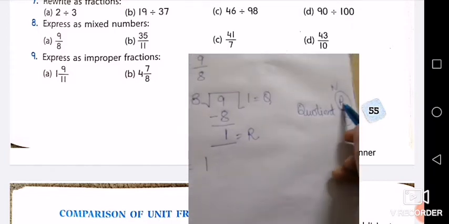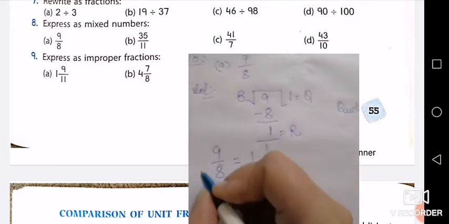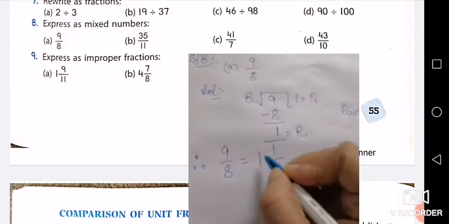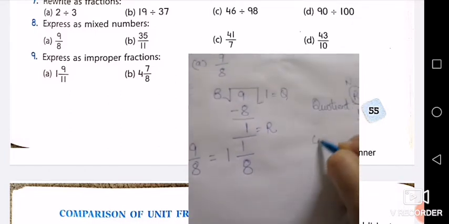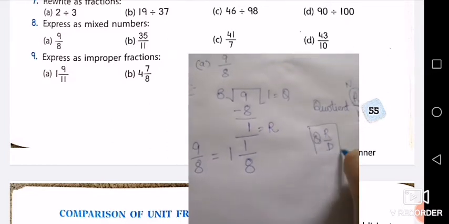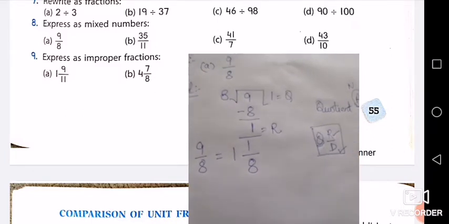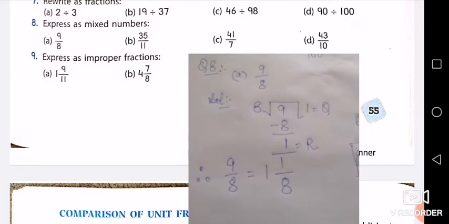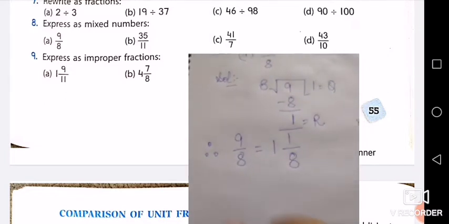What is the remainder? 1 upon divisor, that is your 8. So you will write it like this. Therefore 9 by 8 is equal to 1 and 1 by 8. Remember this QRD rule. QRD rule, quotient, remainder and divisor. Divisor doesn't change. Whatever divisor you have in the question, that only you have to write here.